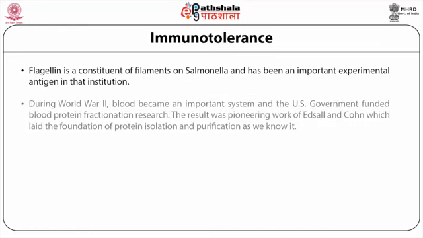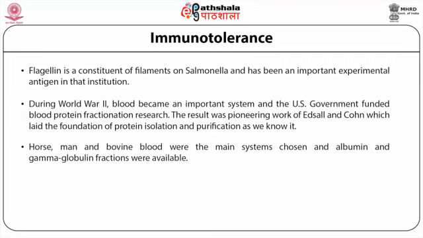This happened because during World War II, blood became an important system and the US government funded blood protein fractionation research. The result was the pioneering work of Edsall and Cohn, which laid the foundation of protein isolation and purification as we know it.